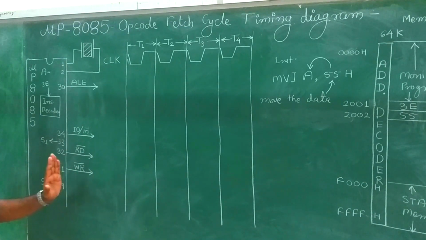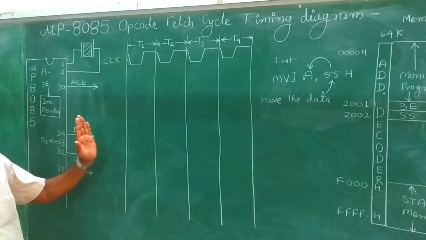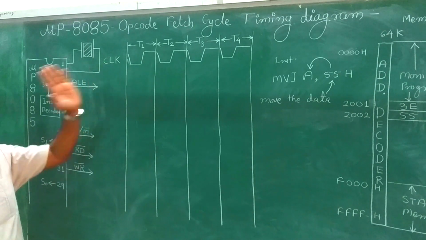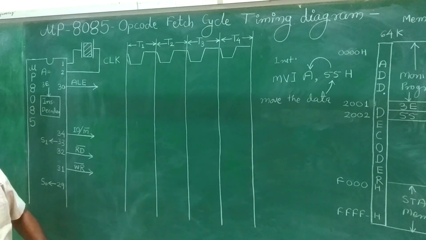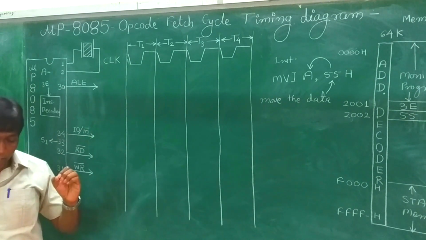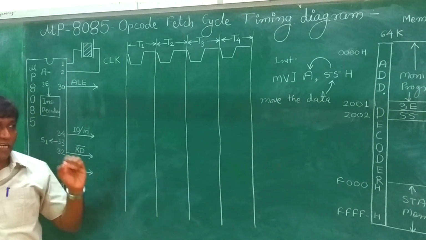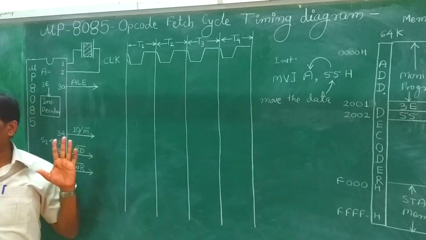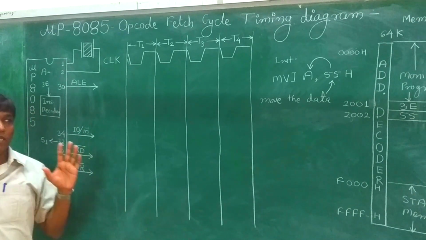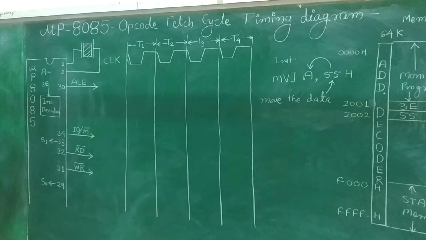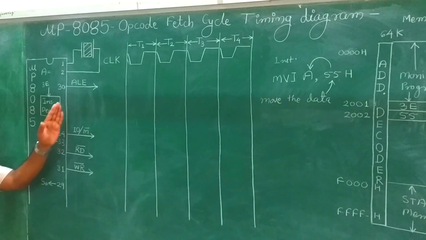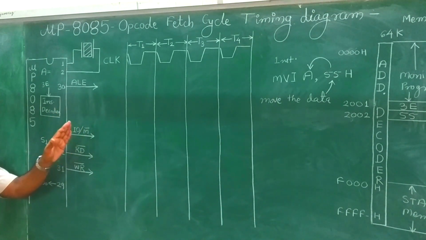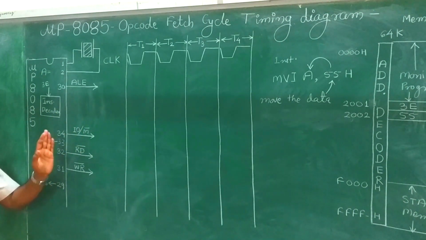Now we will come to understand the timing diagram for this opcode fetch cycle, which tells you at which time the different activities are to be performed by the microprocessor 8085. Certainly, this is with the help of the address bus, data bus, and the different control signals which we have already elaborated.